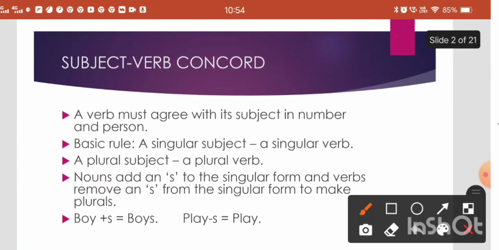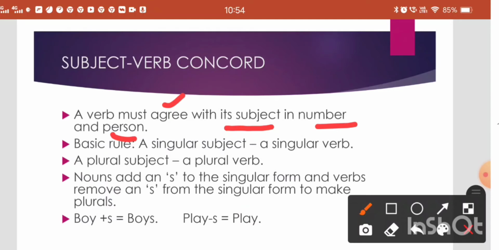First of all, let me clear the meaning of the topic. Subject-Verb Concord. It means subject-verb agreement. In easy words, a verb must agree with its subject in number and person. There should be an agreement. There should be a match between the two, not mismatch.